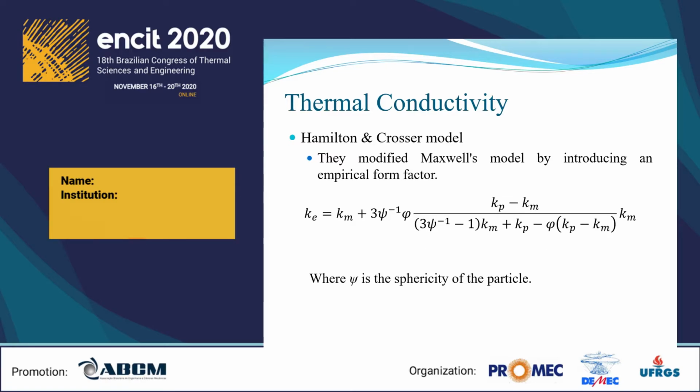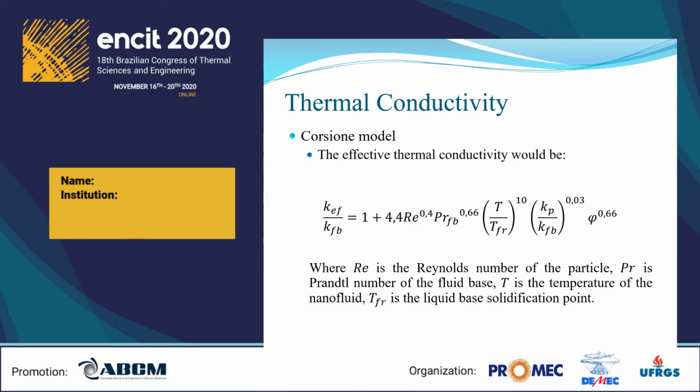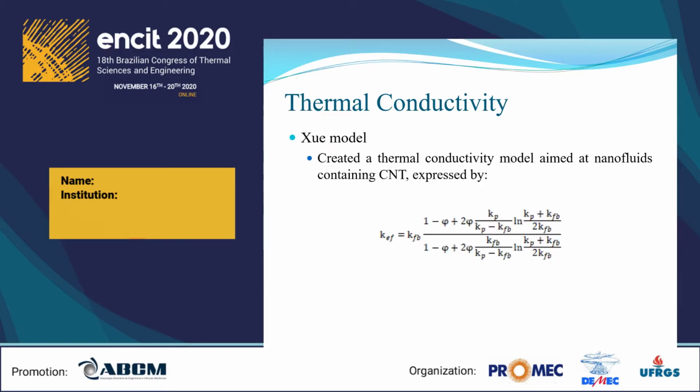The Hamilton and Crosser model modifies the Maxwell model by introducing an empirical form factor. This model is the first model for nanoparticles. The Corcione model was created from various experimental data through linear regression. Xue created a thermal conductivity model aimed at nanofluids containing carbon nanotubes.